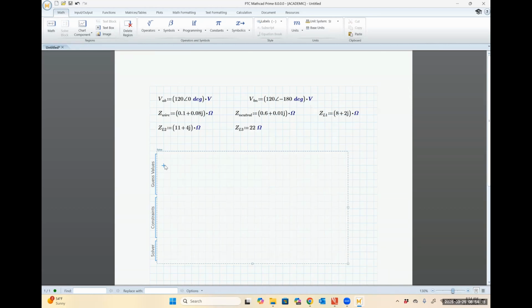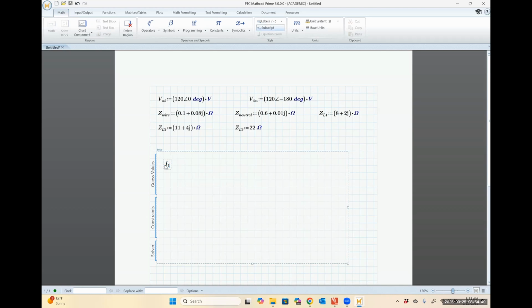So in this case, that's going to be I1, I2, and I3. And I literally need to guess a number for it to start from, okay? So it solves things using an iterative process where it just constantly runs the numbers over and over and over again until it comes up with a solution. And if I don't give it somewhere to start from, it won't literally start, okay?